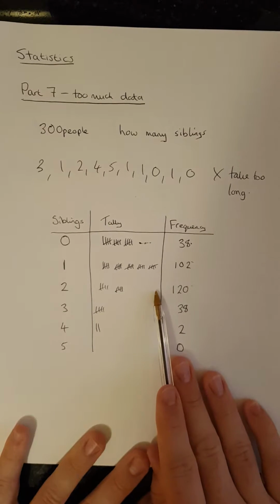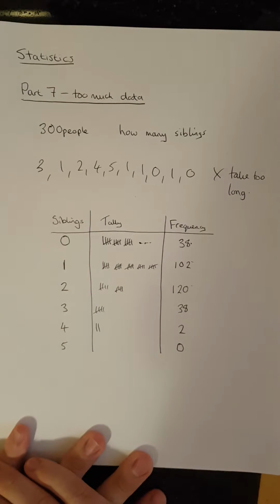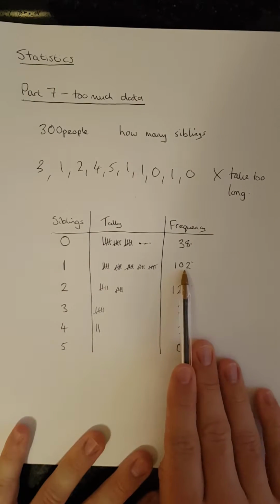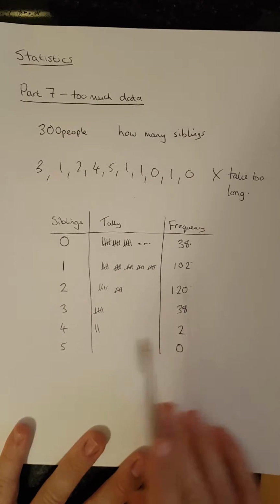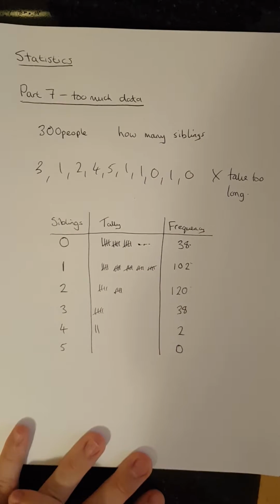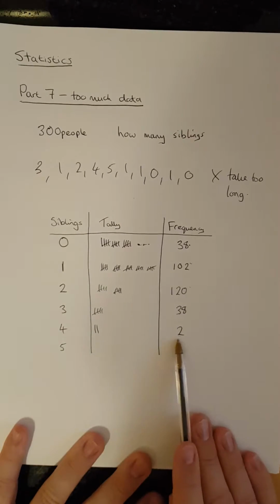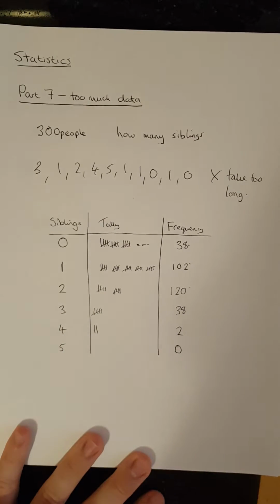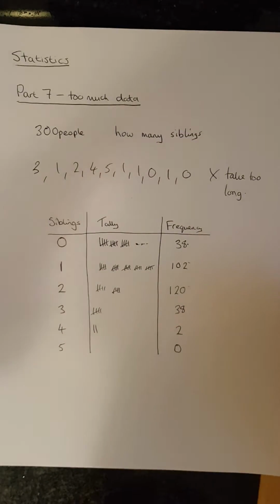So let's be clear. 38 people had no siblings. 102 people had one sibling. 120 people had 2 siblings. 38 people each had 3 siblings, and 2 had 4 siblings. So, the frequency table, ideal for collecting our information.